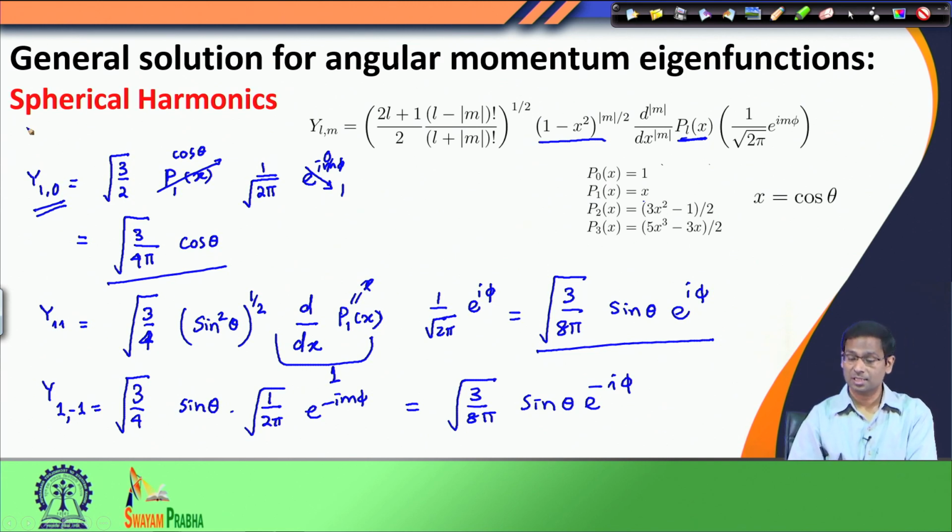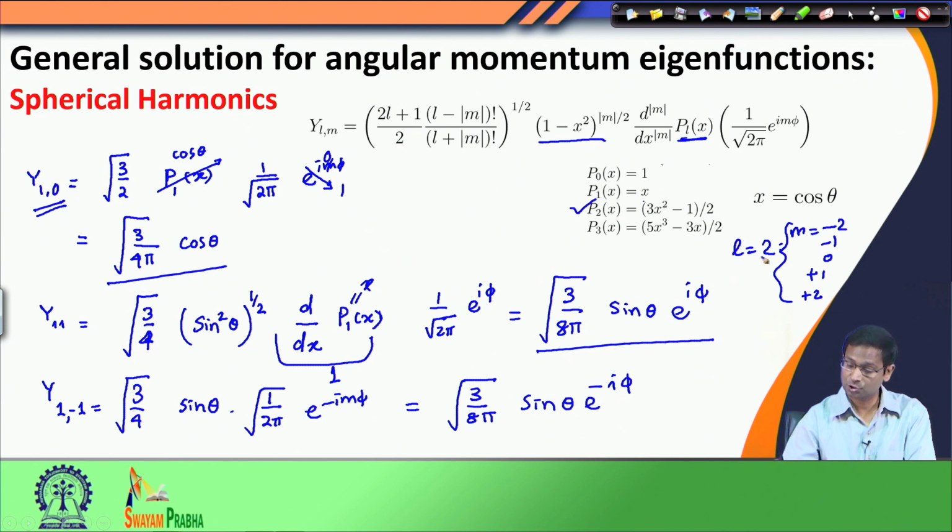I would suggest that you please use this relation and obtain the functional form for when L is 2. You will have 5 different values of m: -2, -1, 0, +1, +2. So, in this case, since L is 2, you will be using P2(x), the second order Legendre polynomial, and when you use m equals -2 or m equals -1, you have to differentiate this Legendre polynomial either 2 times or 1 time depending on what is your value of m.